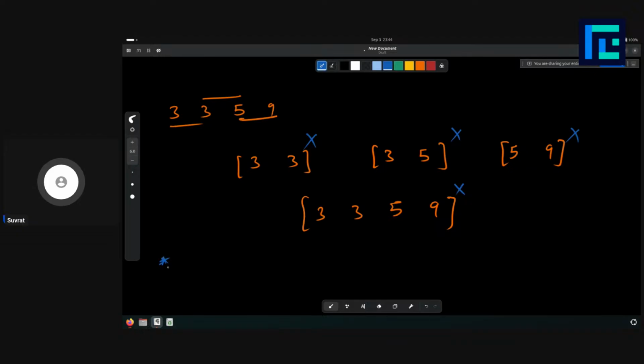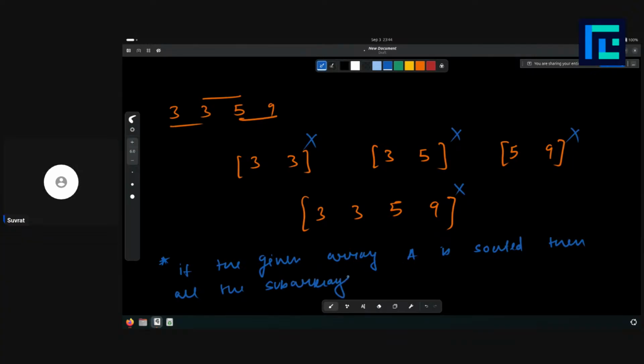We get another observation. If the given array A is sorted, then all the subarrays of A would be sorted as well.